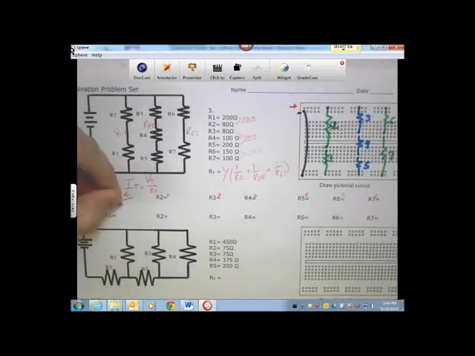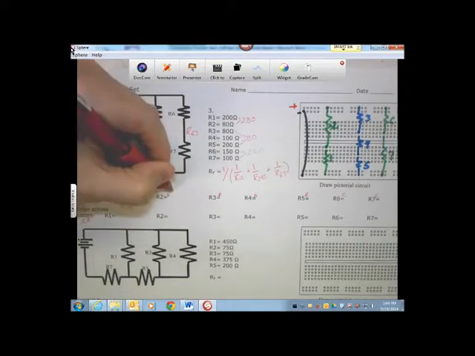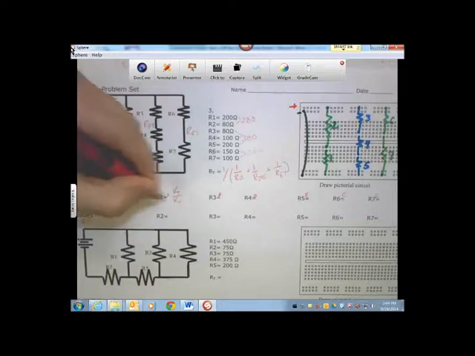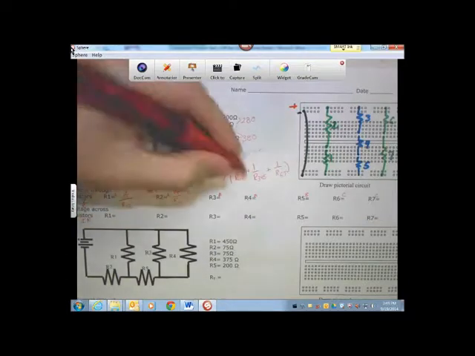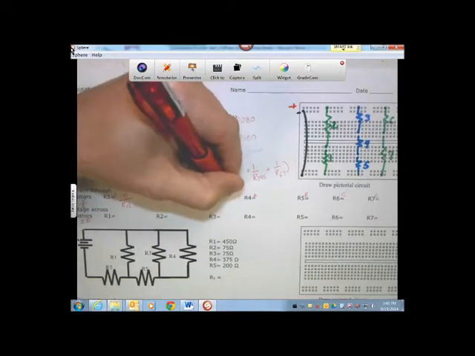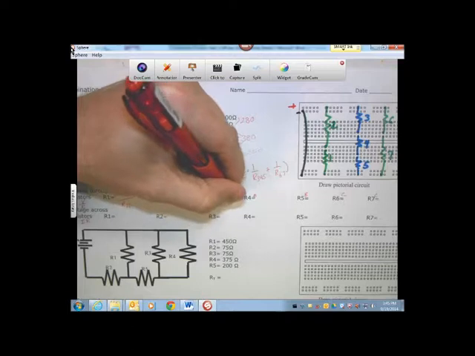So whatever R12 was. And this is going to be the same thing, VT over R12. However, you could always just write the other answer in because it's the same answer. Same with this branch. So we can do VT over R3, 4, 5.